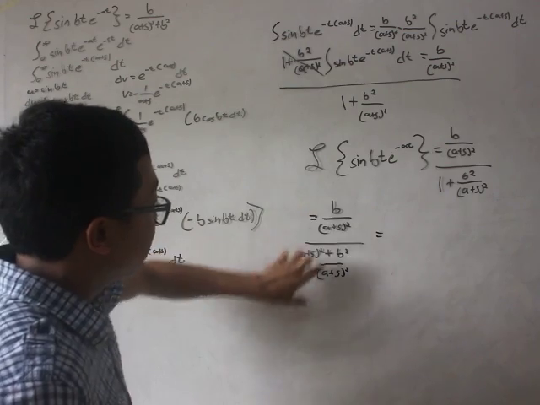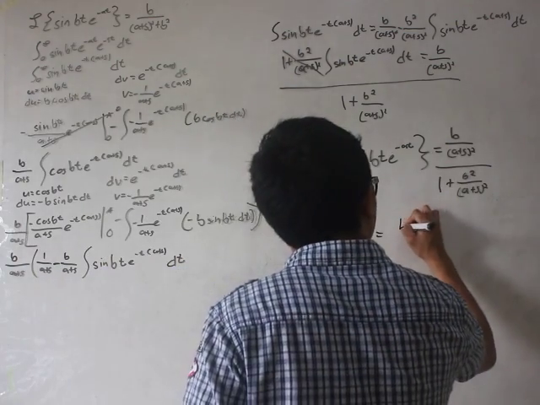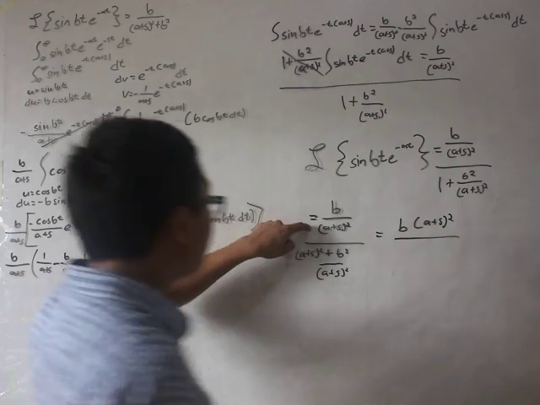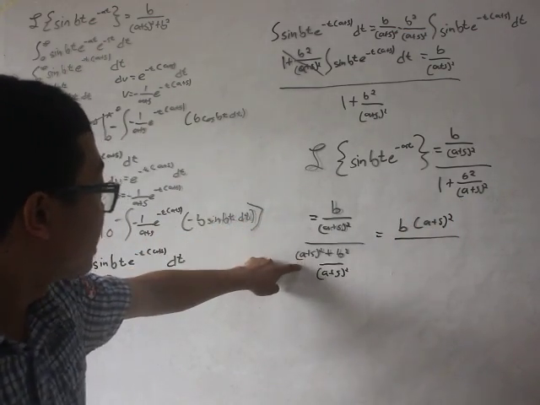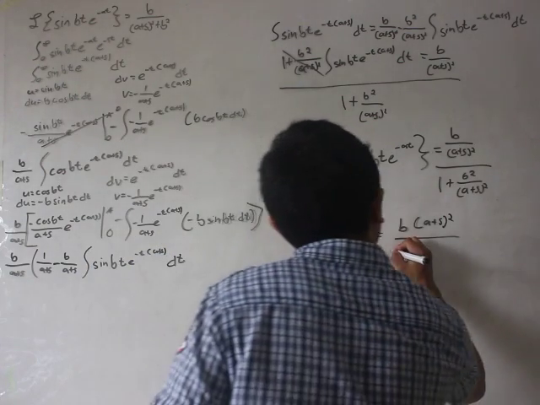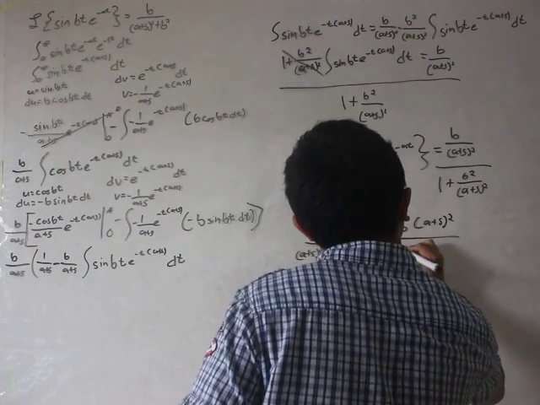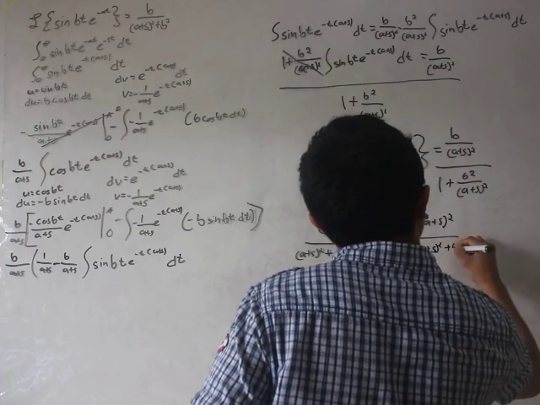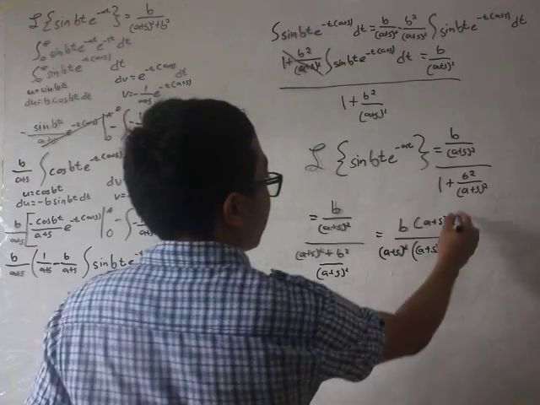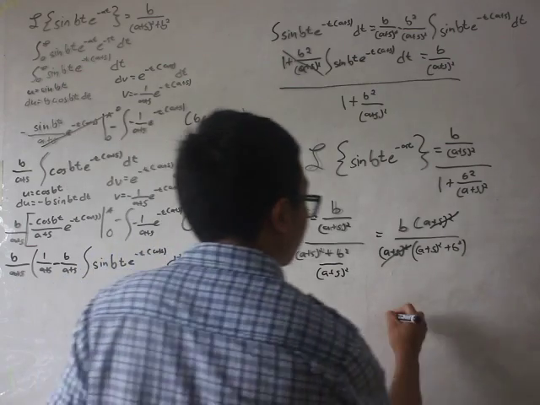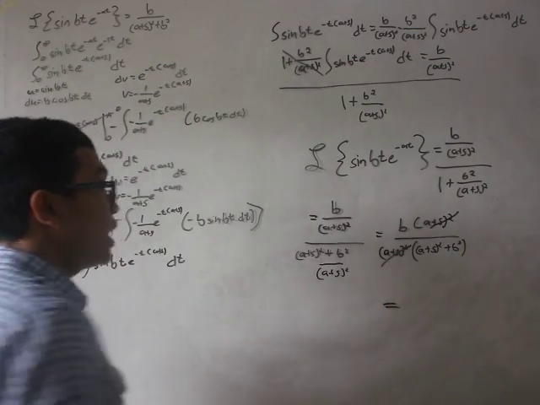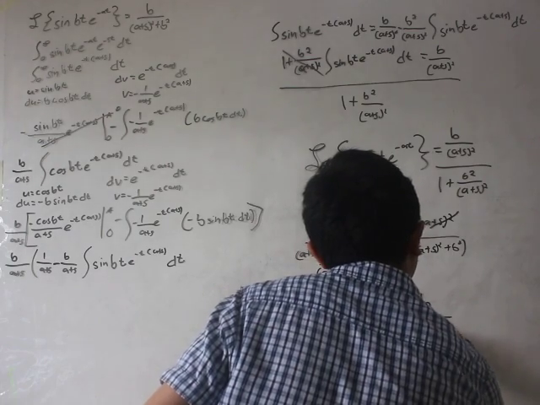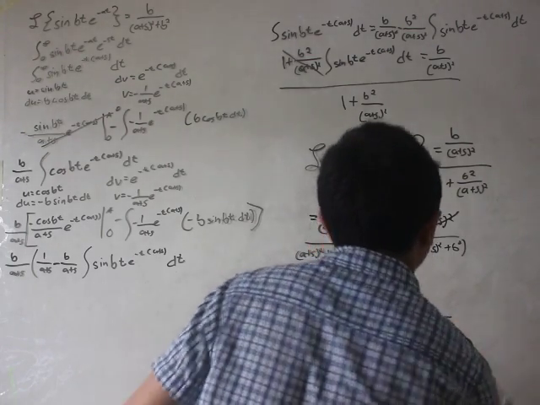We multiply b times (a plus s) squared, and we multiply (a plus s) squared times (a plus s) squared plus b squared. We can cancel. So our final answer is b over (a plus s) squared plus b squared.